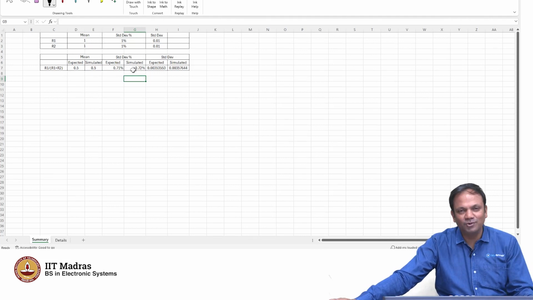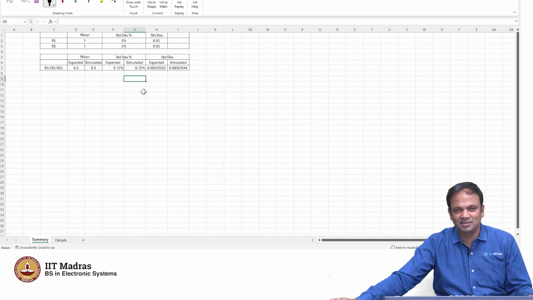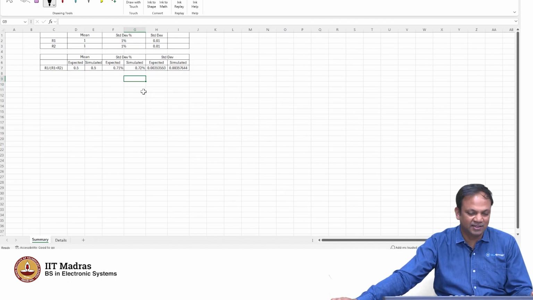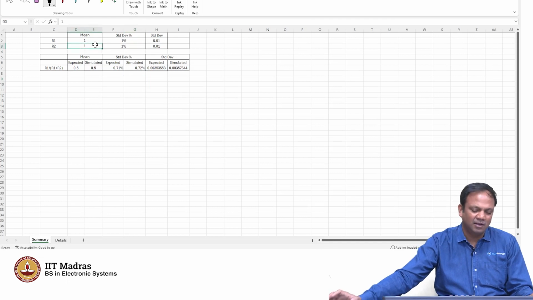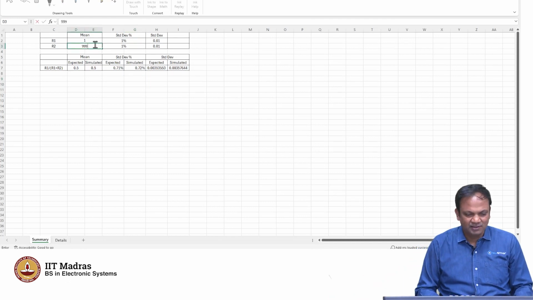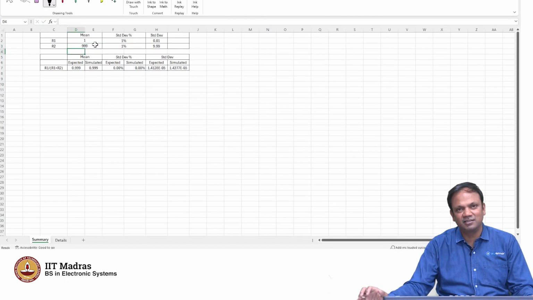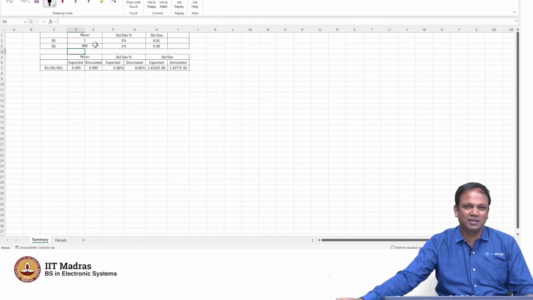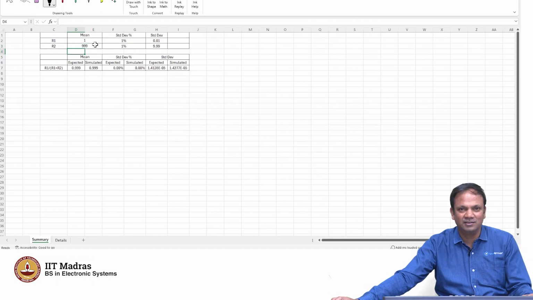The benefit of this tool now is that we've built ourselves a nice tool to understand this system. So I can ask, what happens if R2 is very high? Suppose my resistive divider is such that R2 by R1 plus R2 is practically 1, so R2 is much larger than R1.